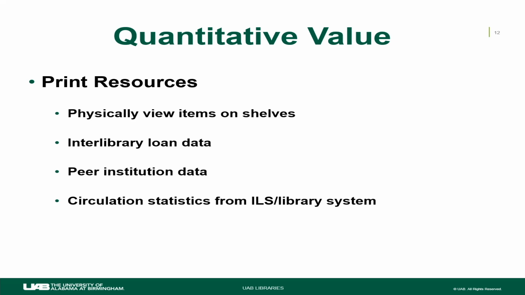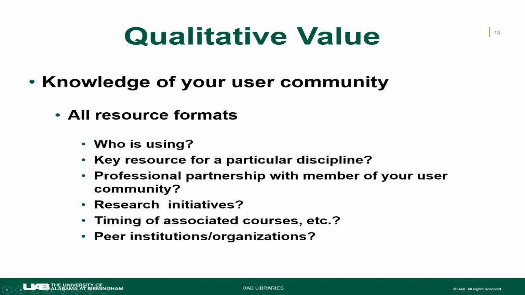That information, when you go through and do it, will be available, if not on the website, it should be available internally, so you can see and evaluate and use those as points to consider whenever you look at your print information and whether or not you should maintain it, add it, weed it, or anything along those lines.